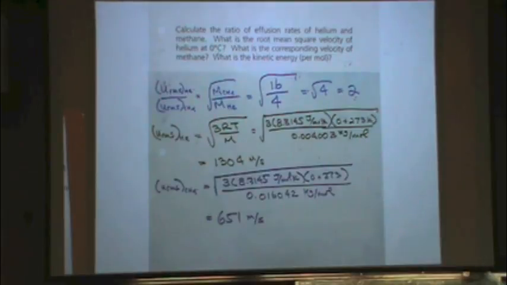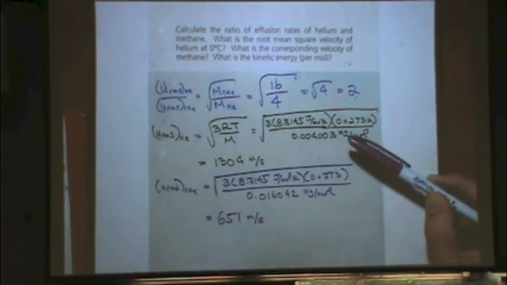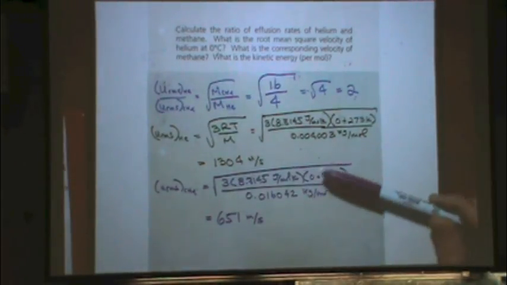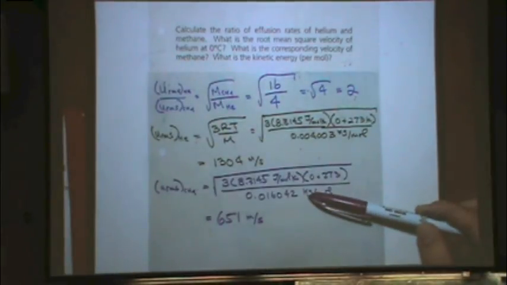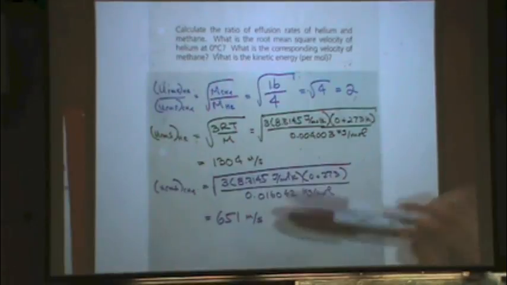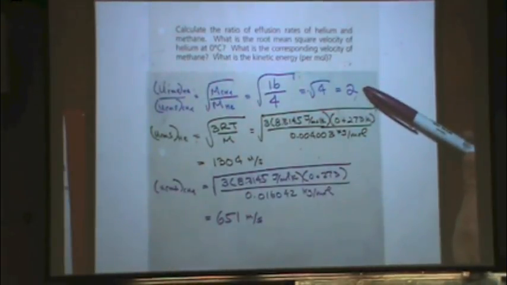Notice a couple of things. One is that down here, I have to use kilograms per mole. This is an SI-units-only question, or at least that's what I recommend. I think it's easier to only use SI units here. Both of these are in SI units, kilograms per mole. Also notice these are off by about a factor of 2, which is what we expected from the first calculation.